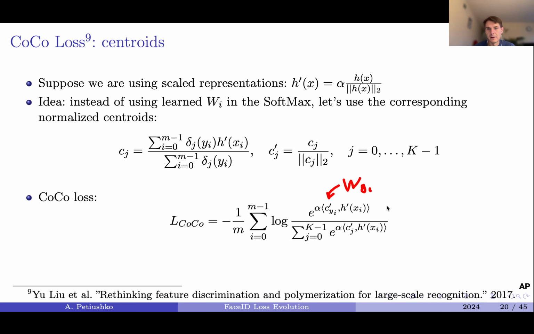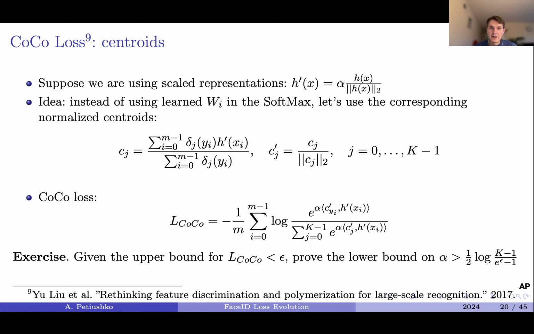Yeah, but anyway, this loss is very simple. Again, minus 1 over m, the sum over i from 0 to m minus 1 of the logarithm of the correct probability, the correct exponent divided by all the other exponents, including this one.